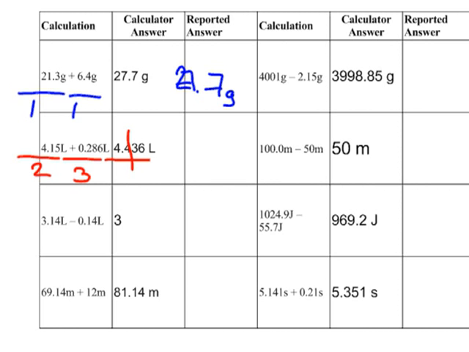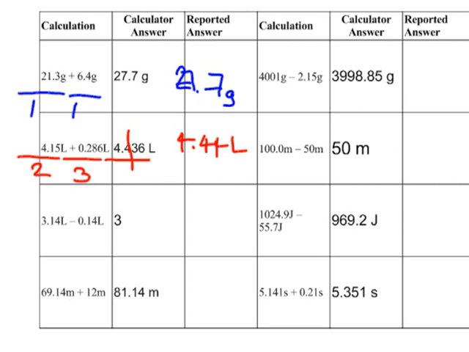My last digit is a 3. I need to remember my rounding rules here. I need to look at the number 6 right next to the 3, and because it's 5 or greater, I need to round this up. So my final answer for this problem would be 4.44 liters. Make sure you do not forget the units.